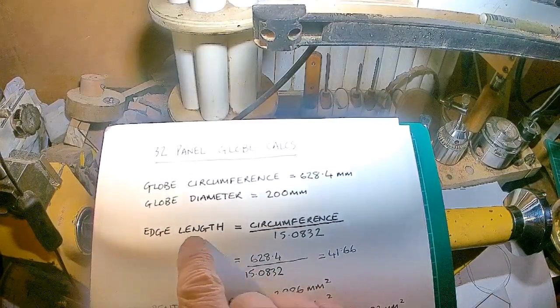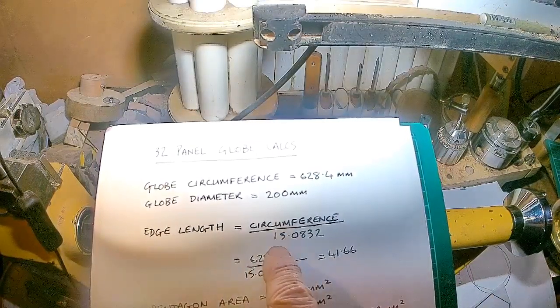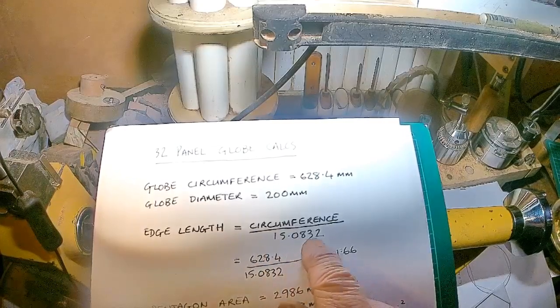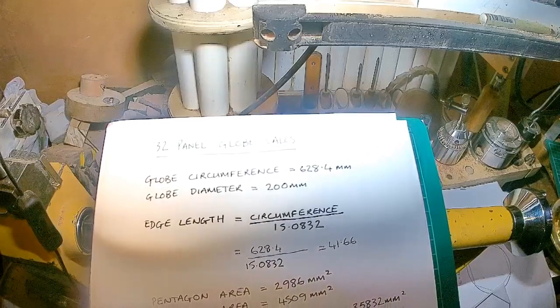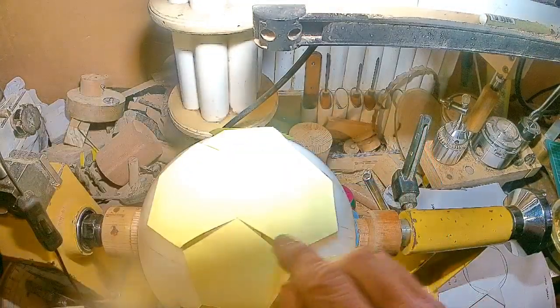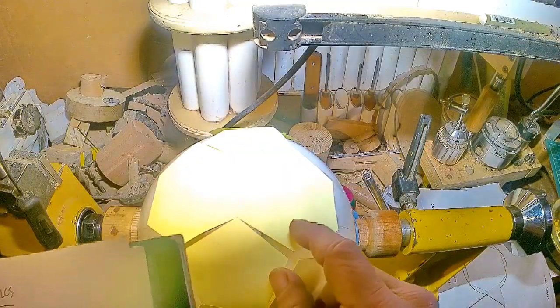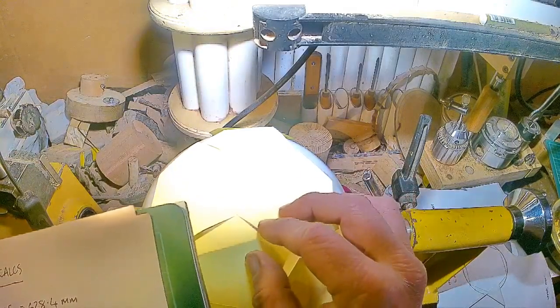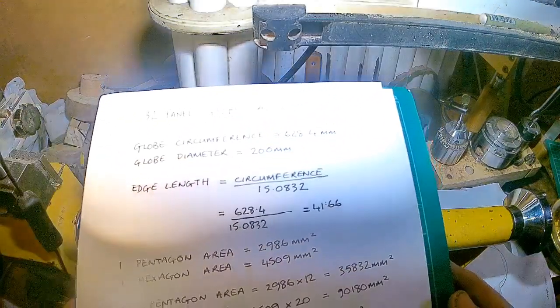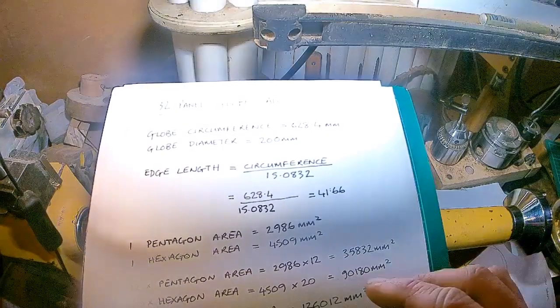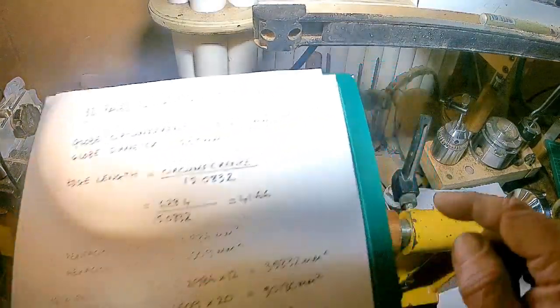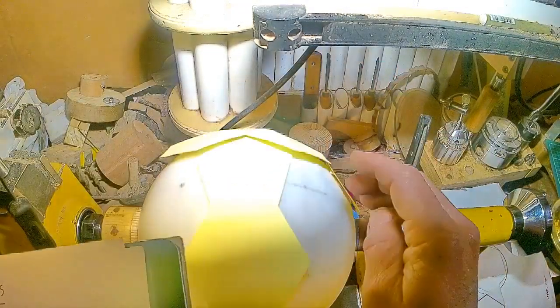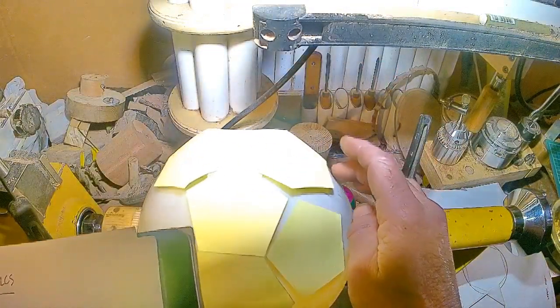And from all those calculations, the edge length is the circumference over 15.0832, which is 41.66. So that's the length of every single edge, and that's how I know the stars are going to match up, because the edges are the same length. I verified this physically by creating them and sticking them around the sphere.